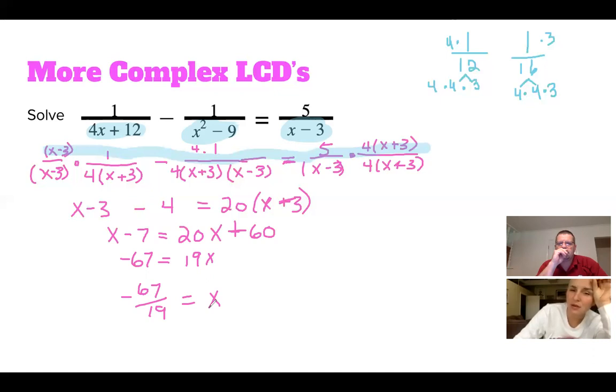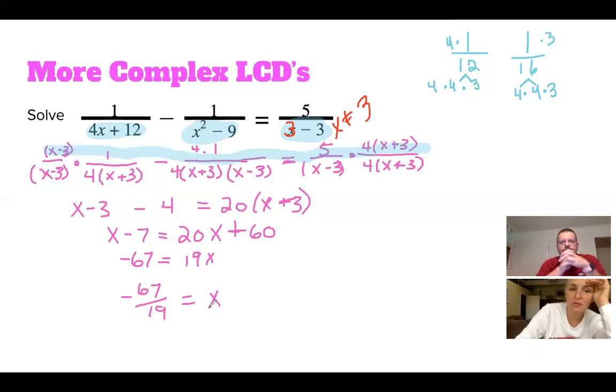For example, 3 minus 3 is 0. That tells me that x can't be 3, which is fine because x wasn't 3. I don't know what 67 19ths is off the top of my head without a calculator. It's like 3 something, or negative 3 something. But it ain't 3.